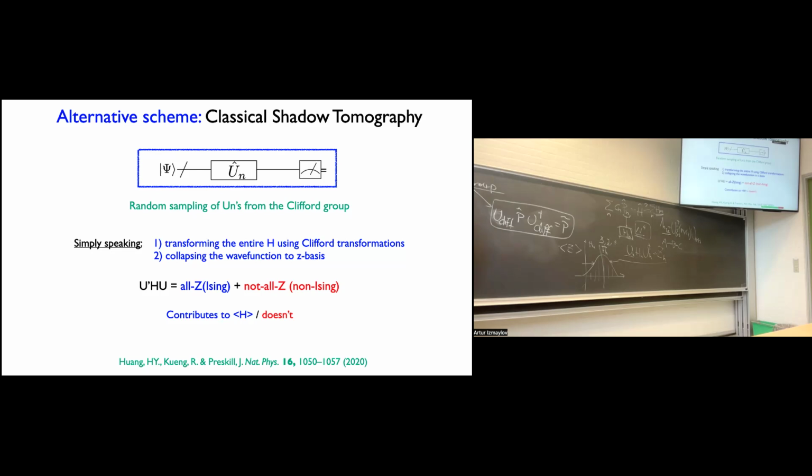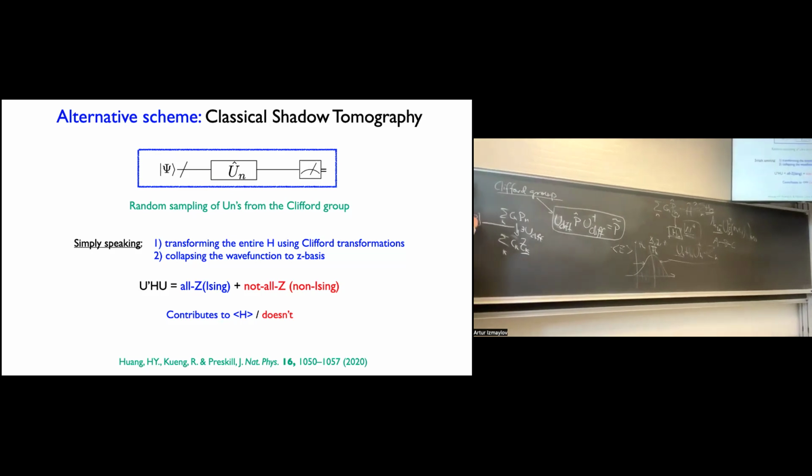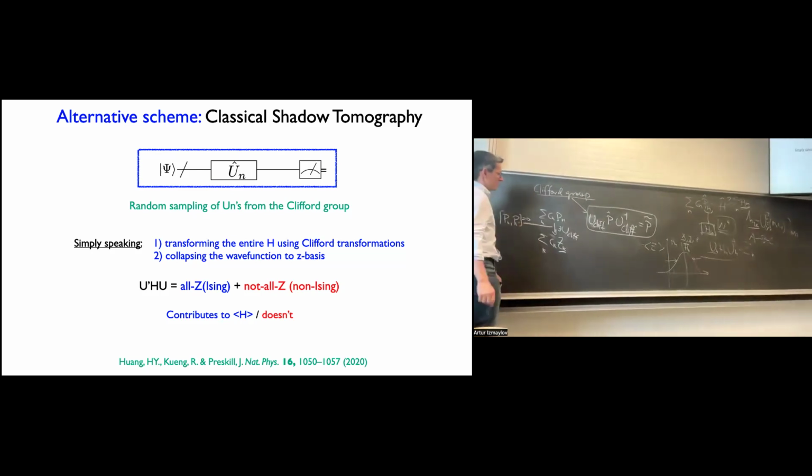So they are all diagonal now. There is such a Clifford unitary that does that, under the condition, of course, that the Paulis in the original linear combination were commuting. Okay? So that's the condition.